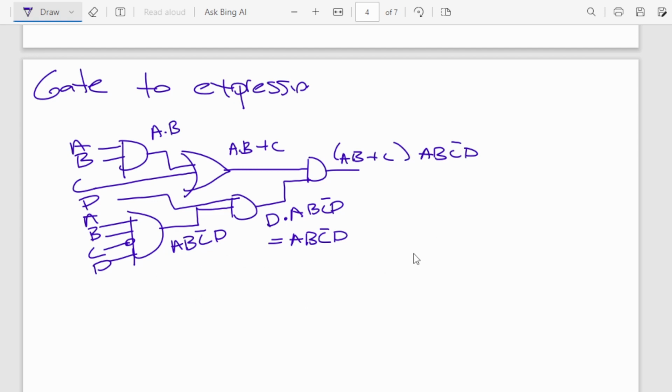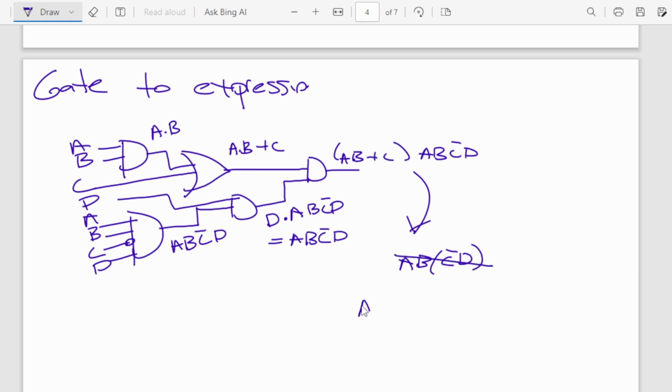So let's just work on it right here. If we factor out AB, we're going to have AB and C bar D. I started wrong, let's start again.